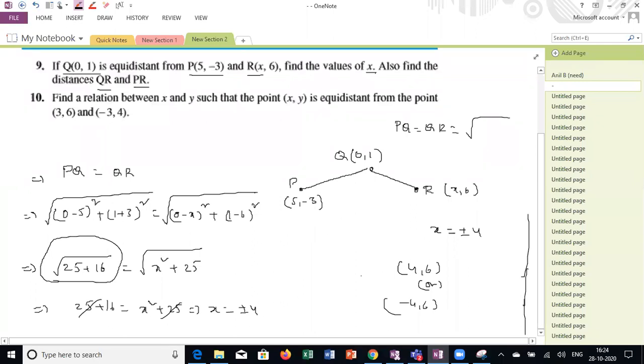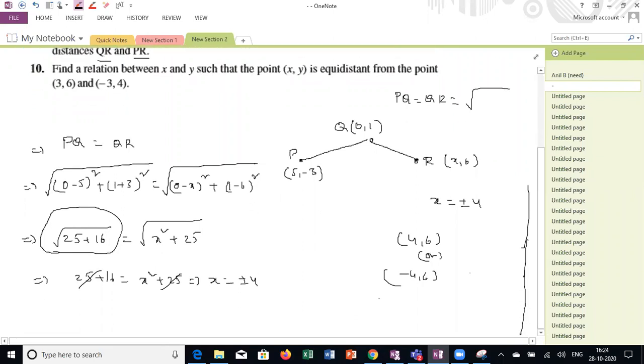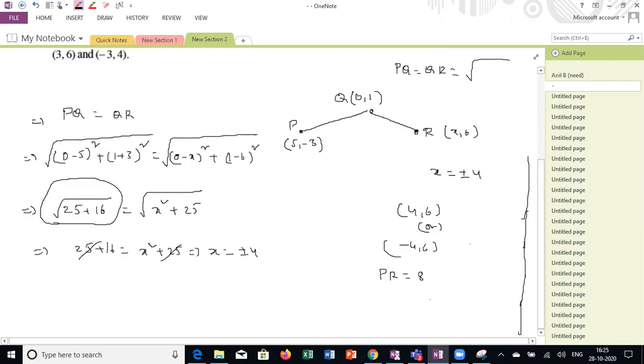Find the PR separately. Sir, PR is 8. And what about QR? Root 32. Huh? Check it properly. Is QR root 36?